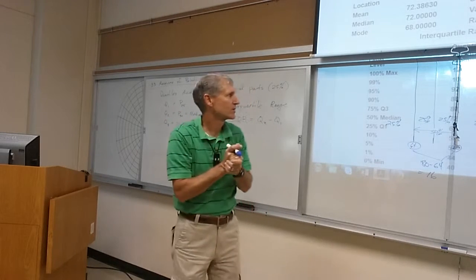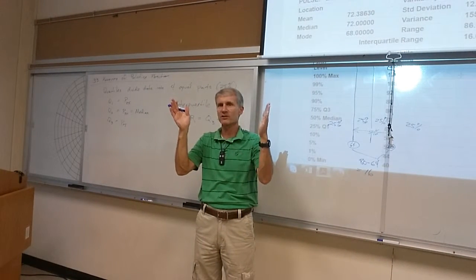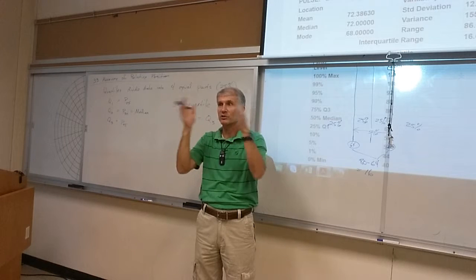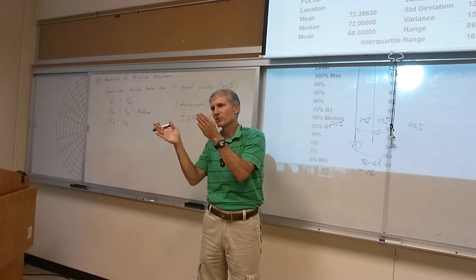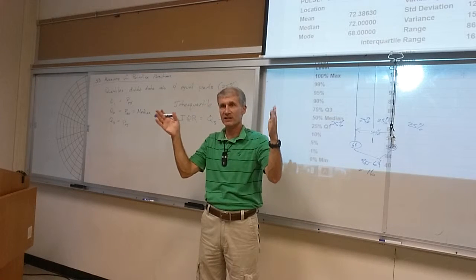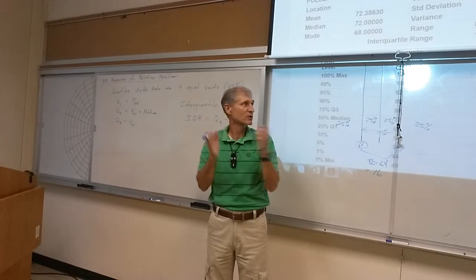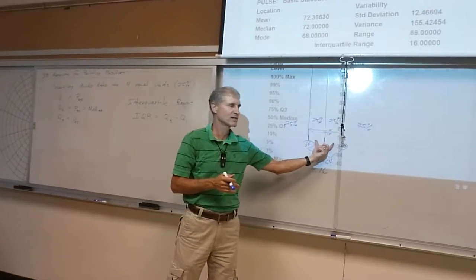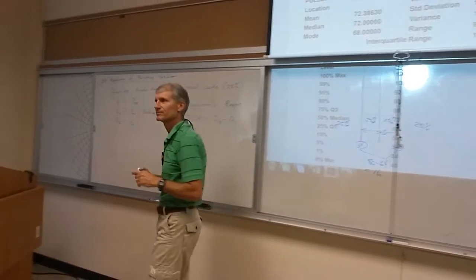So the interquartile range is sort of like 2 standard deviations, but not quite as much. Because you start in the middle and go 1 standard deviation below and 1 above, you get 68%. You start in the middle and go out to the interquartile range. Well, the interquartile range is the whole distance, so cut it in half, you get 8, a little bit less than the standard deviation.